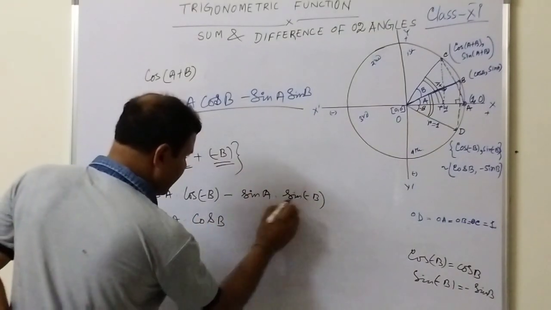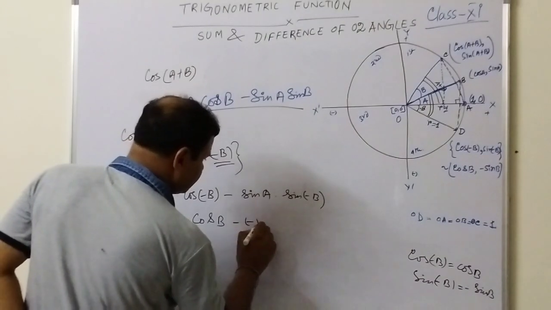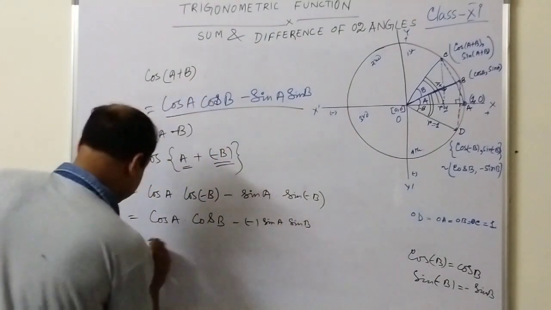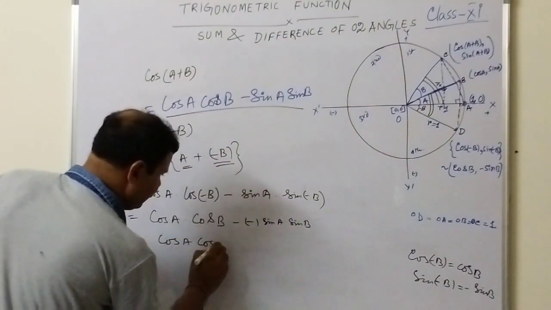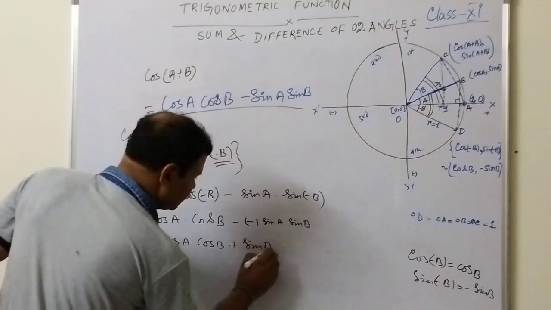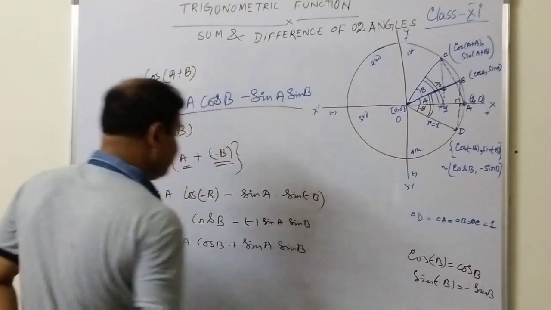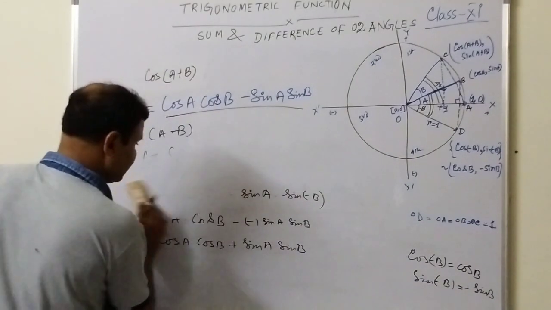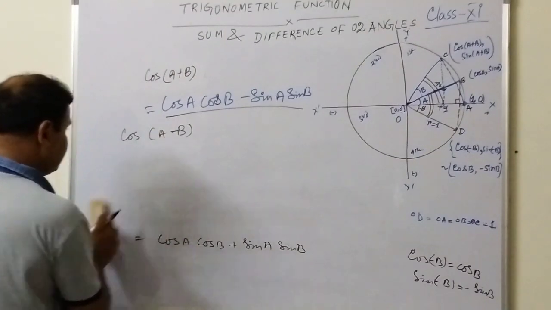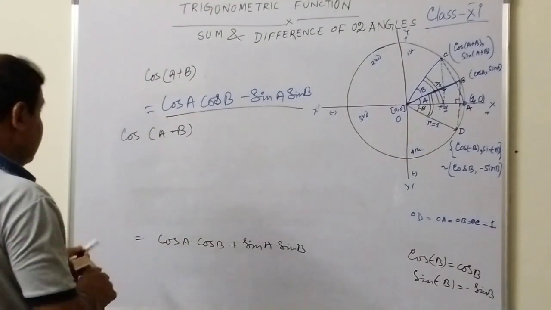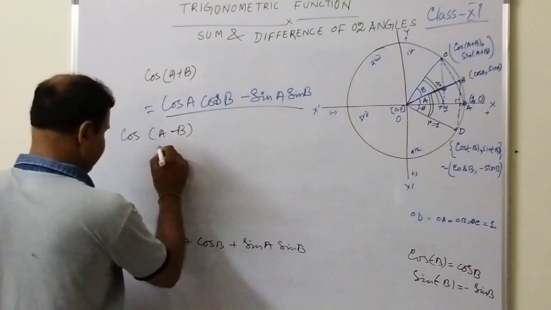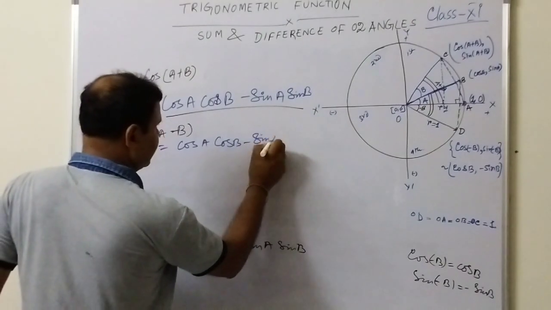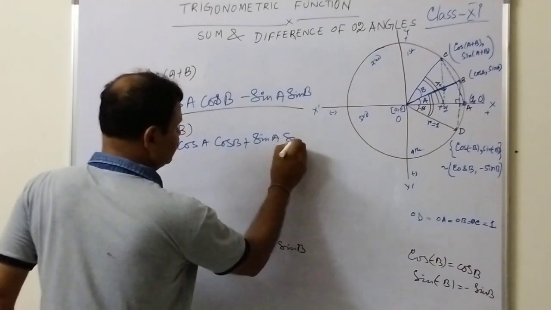So this is minus minus sin A sin B. So this is nothing but cos A cos B plus sin A sin B. So this is the second trigonometric function. This is not the sum angle, this is the difference of angles. The formula will be cos A cos B minus sin A, sorry, plus sin A sin B.